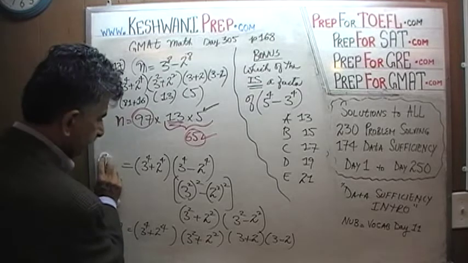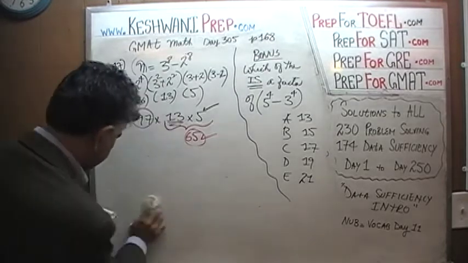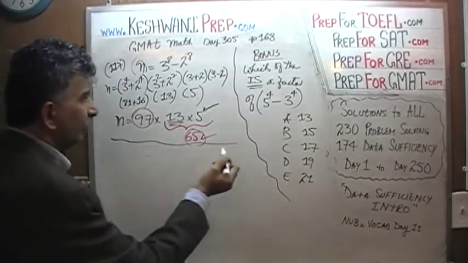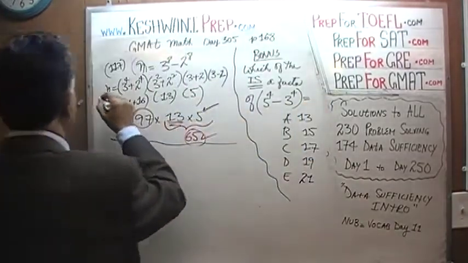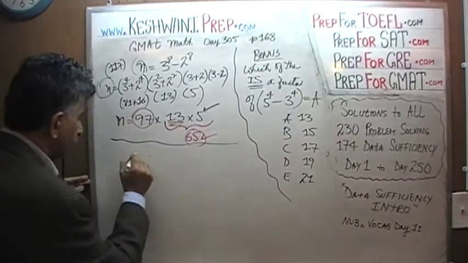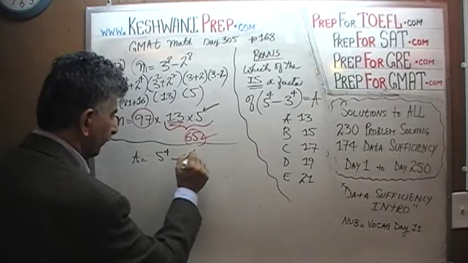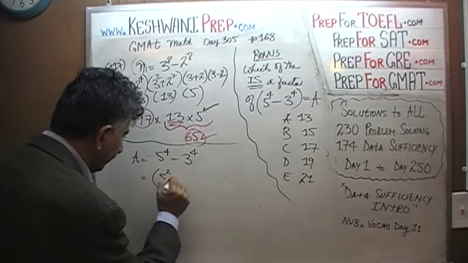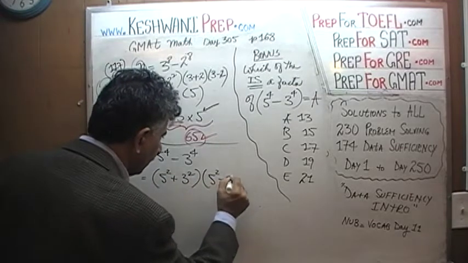Let's do the problem right down here. It's very simple, same as before. Let's give this quantity a name so we can talk about it. This was n, I'm going to call this one A. So A equals 5 raised to 4 minus 3 raised to 4, which in turn can be written as 5 squared plus 3 squared times 5 squared minus 3 squared.